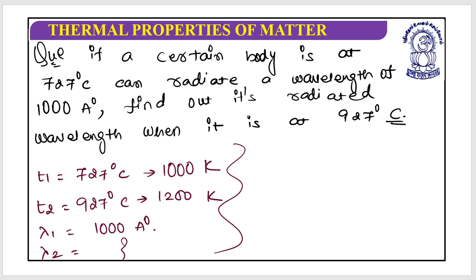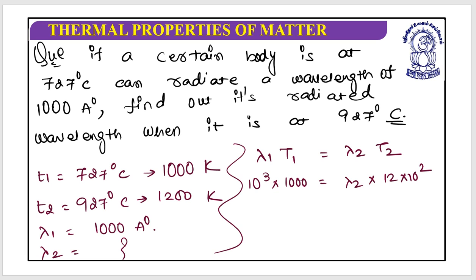So this can be written as lambda 1 into T1 is equal to lambda 2 into T2. Lambda 1 is 10 to the power 4 Angstrom, multiplied by temperature T1, which is 1000 Kelvin, is equal to lambda 2, which we don't know, multiplied by T2, which is 12 into 10 to the power 2.